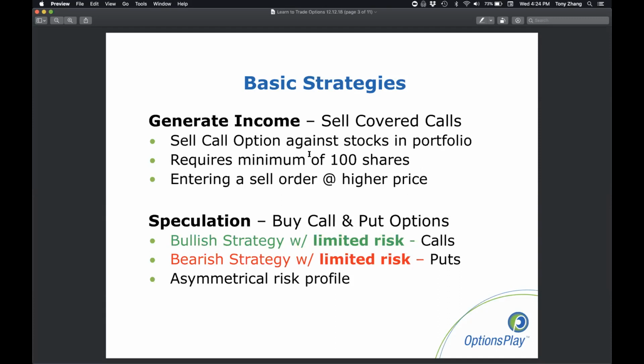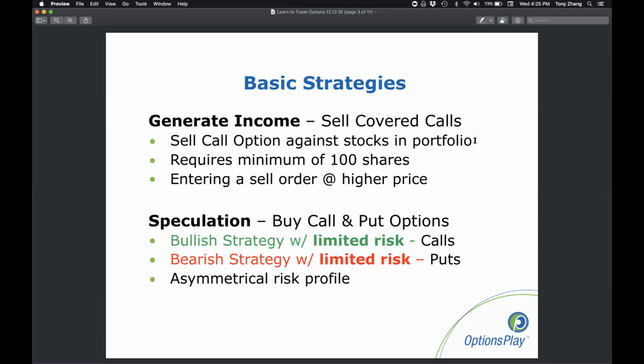So first, we're going to talk about selling a covered call. This is the first basic strategy. When you first apply for an options account, you are first approved for selling covered calls. It's a simple strategy, and you're essentially selling a call option against the stocks that you already own in your portfolio. And the key here is that you're doing it against stocks that you already own, which means that you're not adding any additional risk to your portfolio.